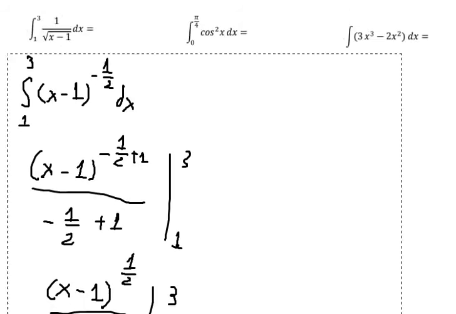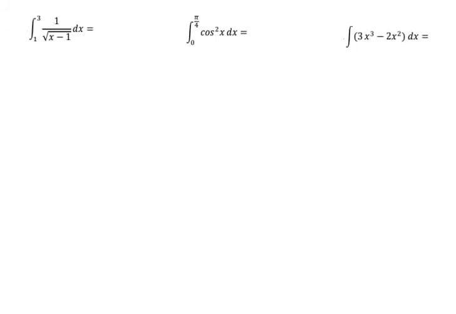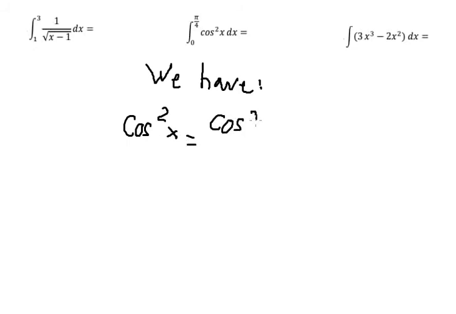Now let's go to question number 2. About cosine squared x, we have the formula in here. That is, cosine squared x equals (cosine 2x plus 1) over 2.